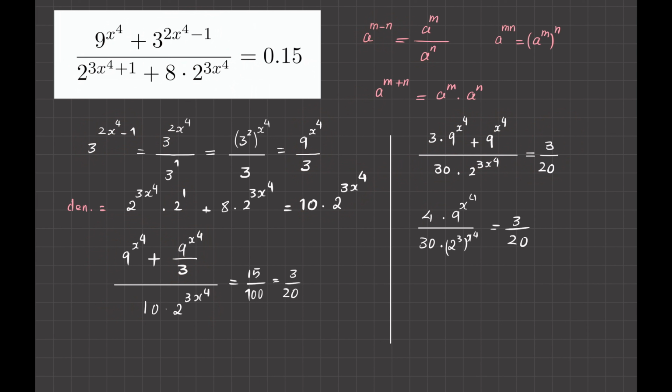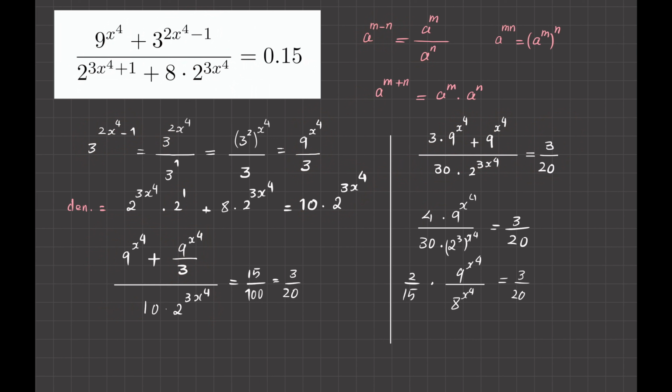Okay, so now what happens, let me do it step by step for you. So I would write it as 4 over 30. By the way, 4 over 30 can also be simplified, so let me write the simplified version. I simplified everything by 2, so it becomes 2 over 15. And then the numerator I just copy and paste. The denominator I write 8 to the power of x to the fourth, and it is equal to 3 over 20.